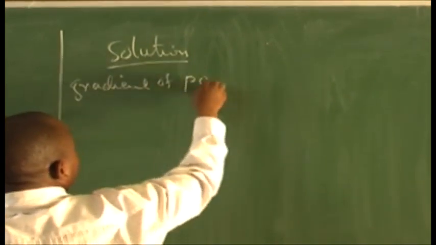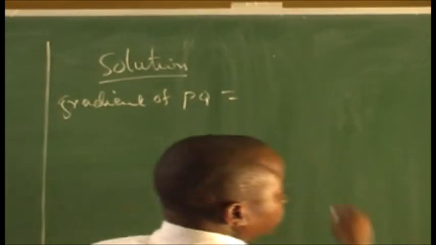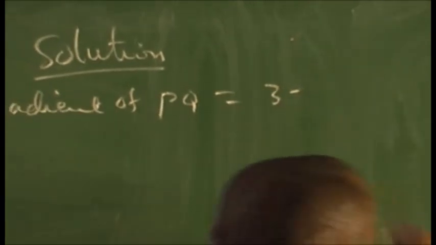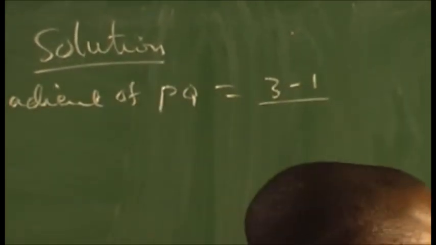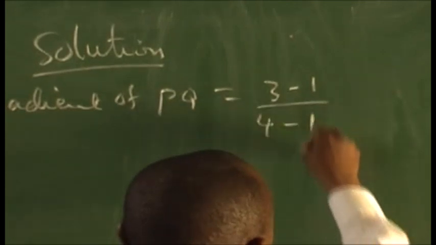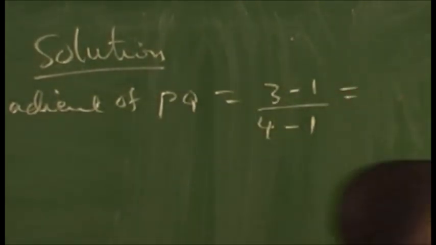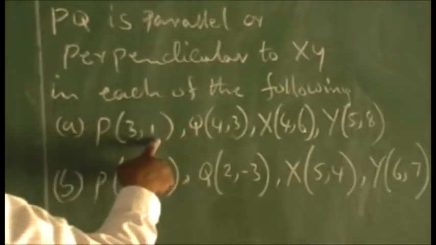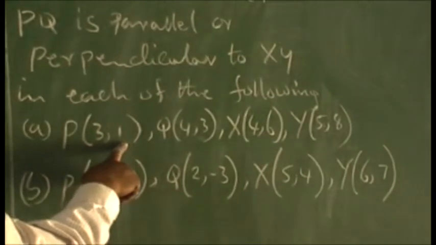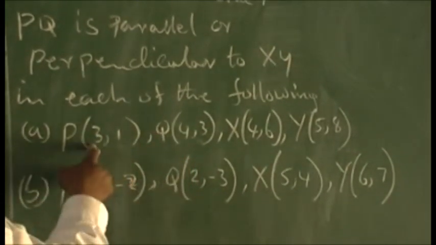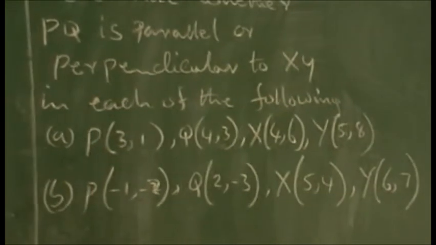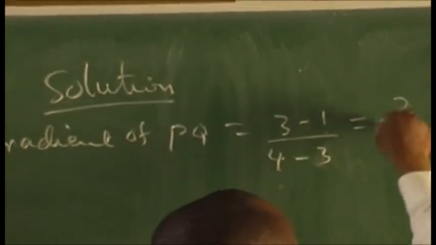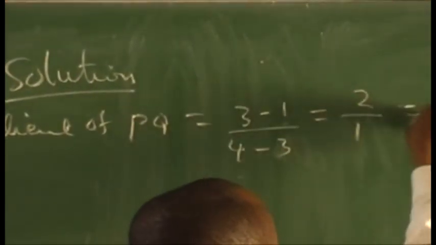Gradient of PQ is y2 minus y1, that is 3 minus 1, all over x2, which is 4, minus x1, which is 3. So we will have 2 all over 1, which is 2.